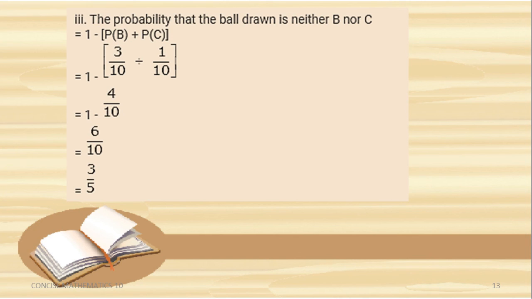If it is C, it is 1 by 10. Its sum is 4 by 10. So 4 by 10 is the probability that the ball drawn is B or C. Now neither B nor C means what? Remove that from 1. That is 1 minus 4 by 10, which is equal to 6 by 10. Its value is equal to 3 by 5.